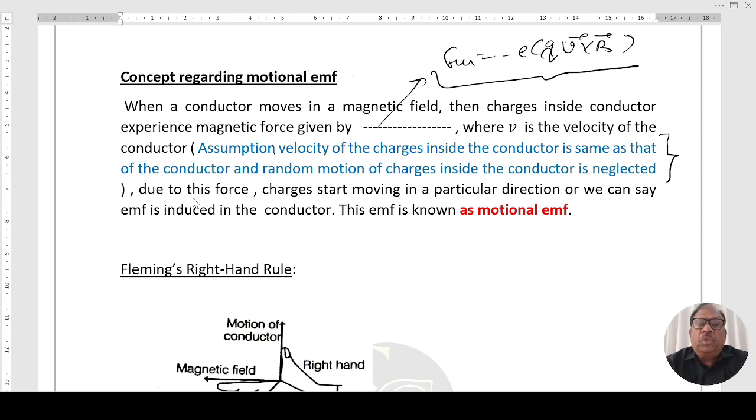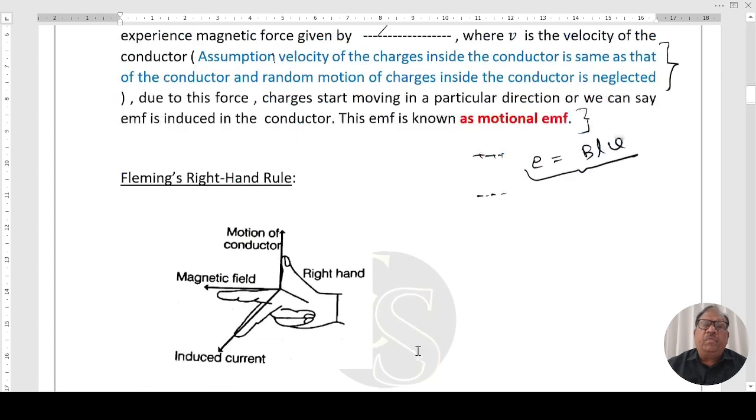Due to this force, charges start moving in a particular direction, or we can say EMF is induced in the conductor. This EMF is known as motional EMF. For a straight conductor, motional EMF is given as BLV. If the circuit is closed, current will be induced.